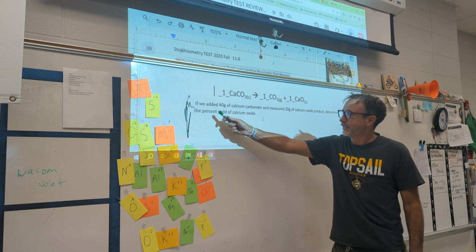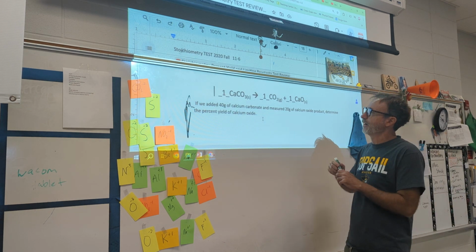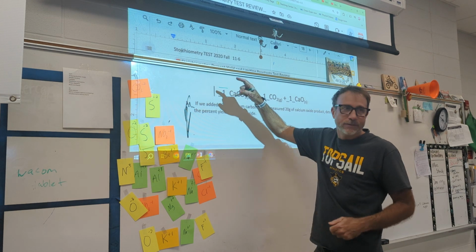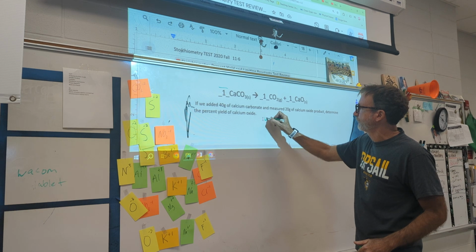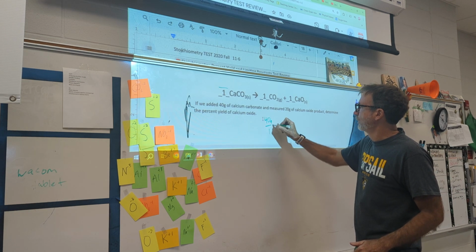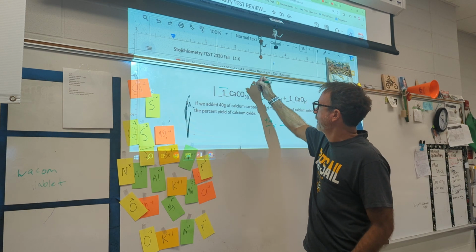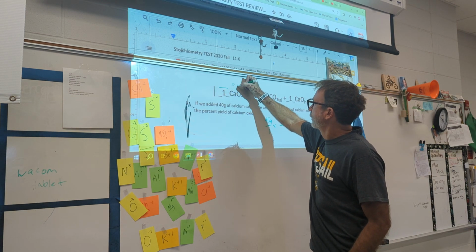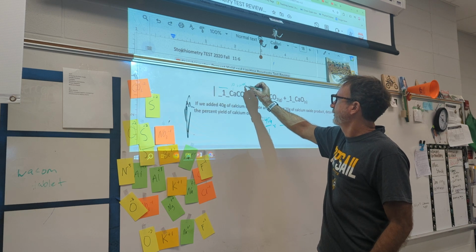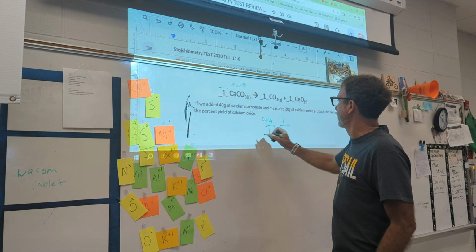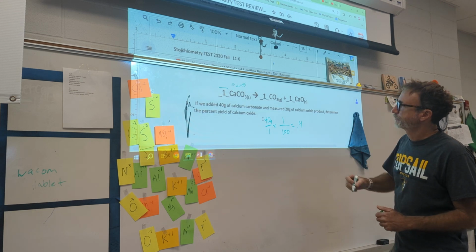If we added 40 grams of calcium carbonate, let's just convert that to moles. 40 grams over 1 times 1 over, let's see, 40 plus 12 plus 48, that's 100. So that's 0.4 moles.